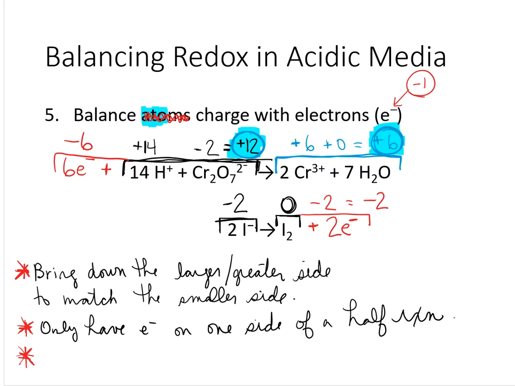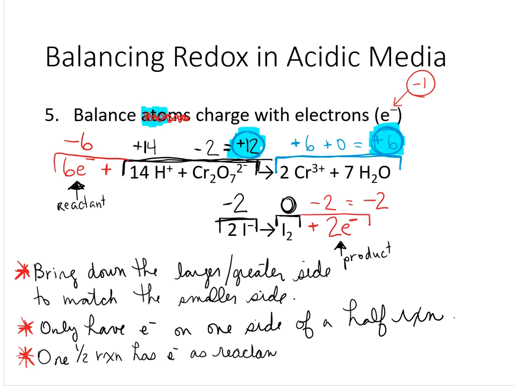So then the next key that you know that you're doing this electron part right is your half reactions. One half reaction should have electrons as a reactant. The other should have the electrons as a product. That's how you'll know that you're doing it right.